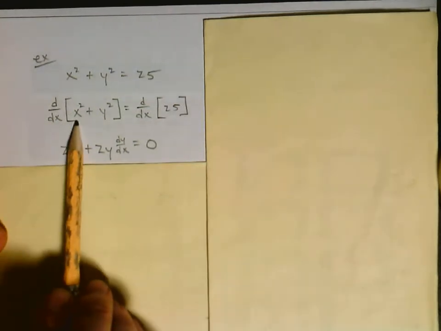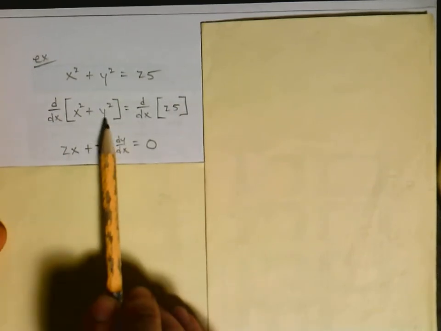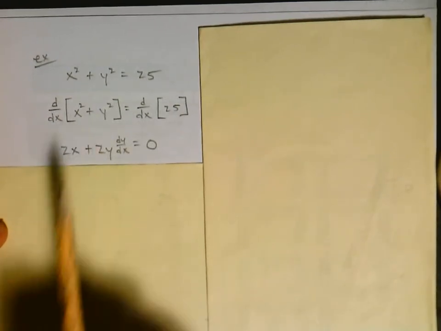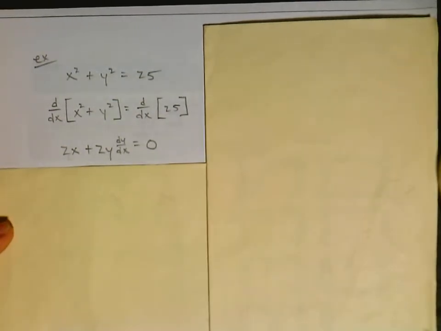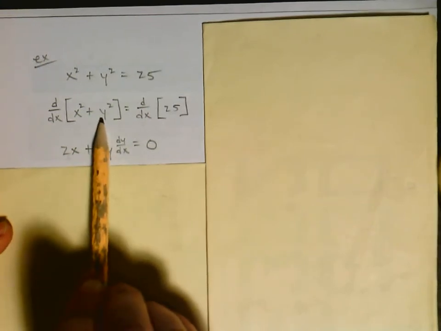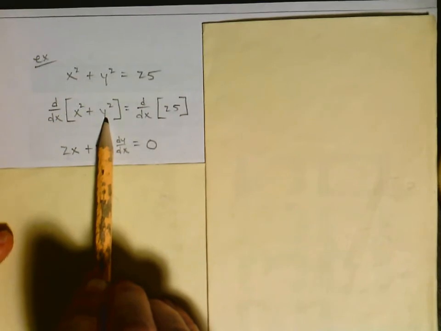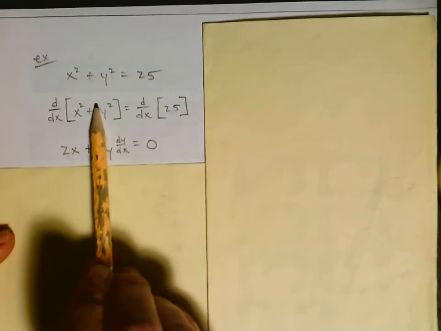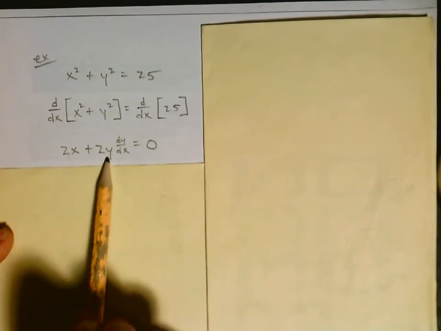So the derivative of x squared, of course, is the 2x. Plus, how do we take the derivative of the y squared? Well, you see it right there, but let me explain where that comes from. So you see it begins with 2y. Just like the derivative of x squared is 2x, we begin the derivative of y squared in the same way. The 2 comes down, it drops to a first power, it's 2y.